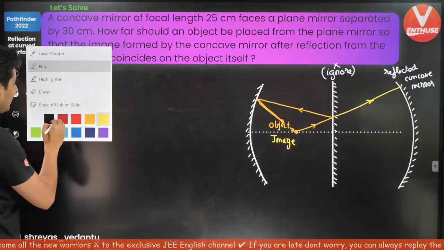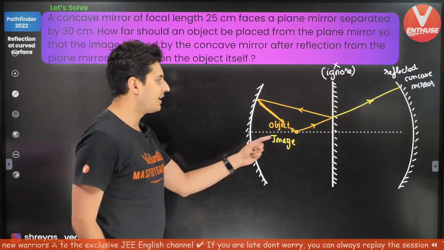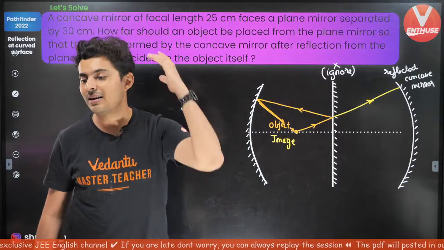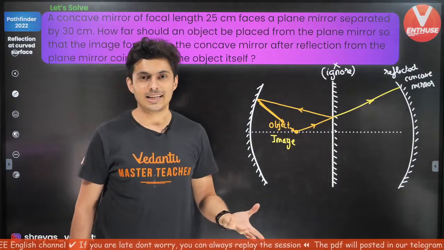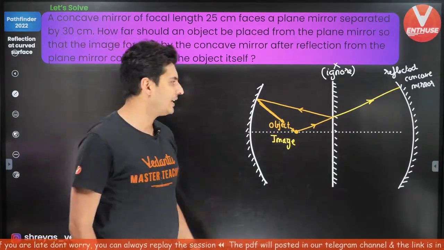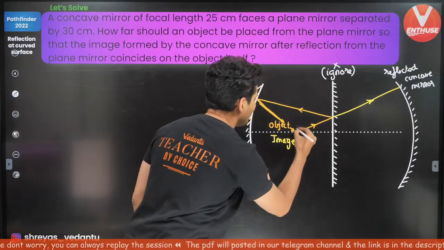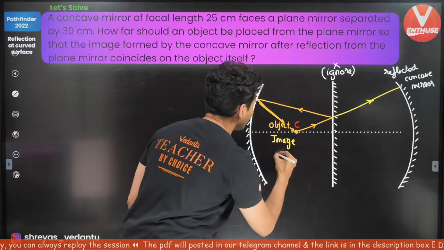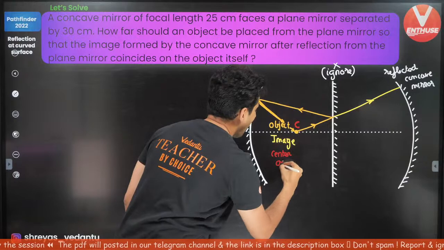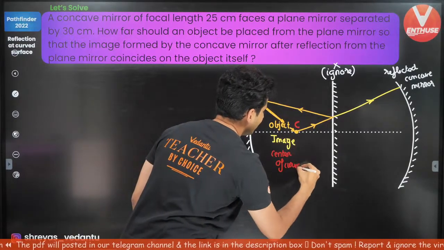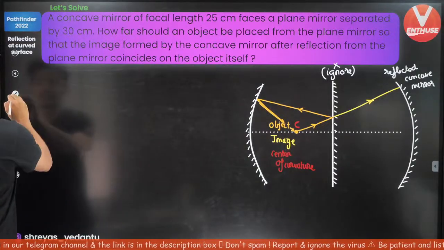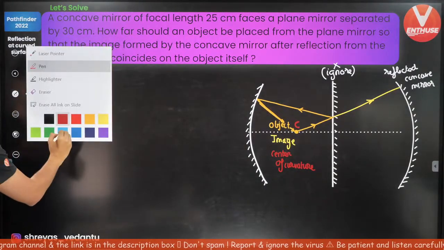If the ray hits the concave mirror and comes back along the same path, which point is that? Is it the focal point? Is it the pole? It is the center of curvature. So this point is nothing but C, the center of curvature. Perfect. Now the rest is just simple geometry.